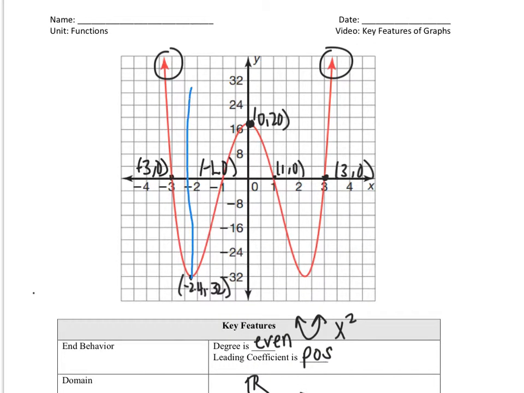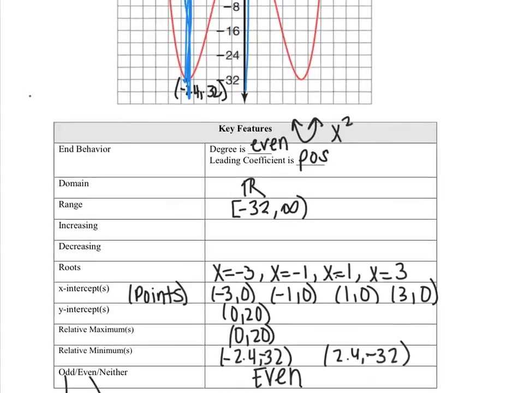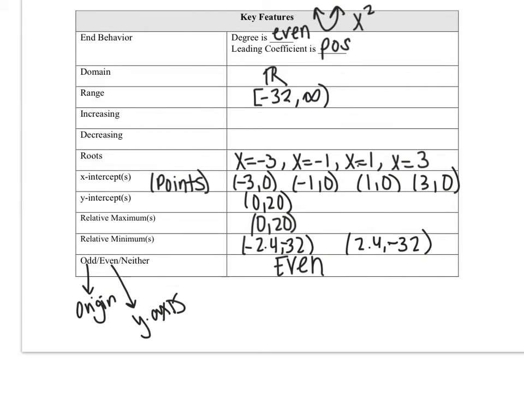So let's look here. So from about here to here, this graph is increasing. We don't say the y values, we say the x values. So negative 2.4 to 0 is where it's increasing. So we would write negative 2.4 to 0.